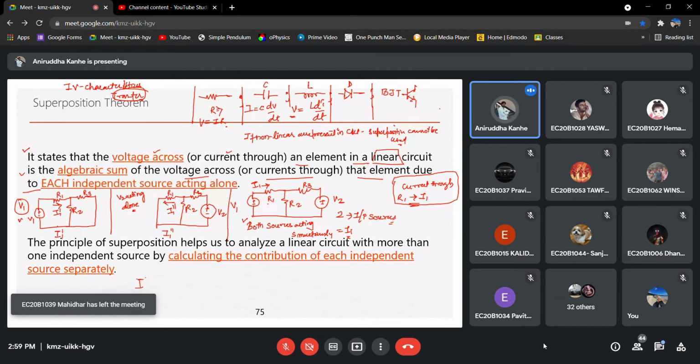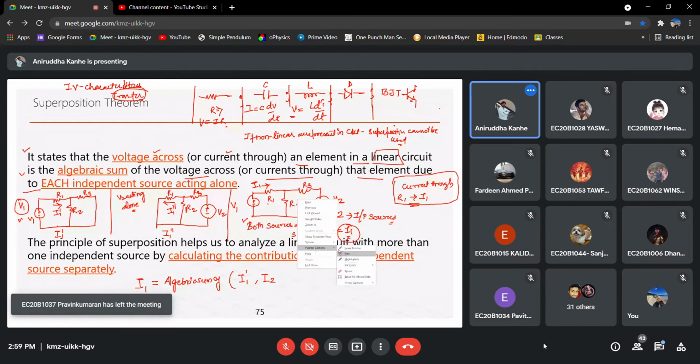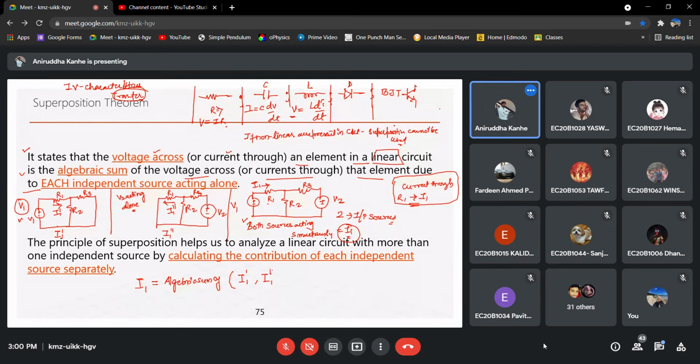Then what the superposition theorem says is that I1, that means when both the sources are acting together, is equal to the algebraic sum of I1 dash and I1 double dash.